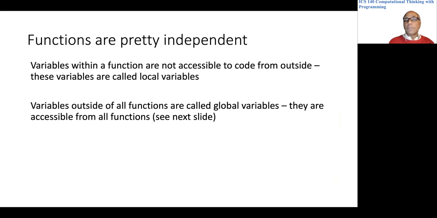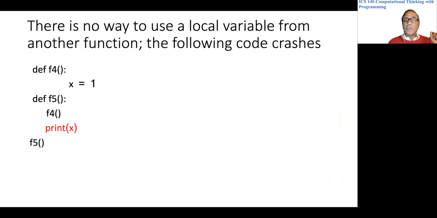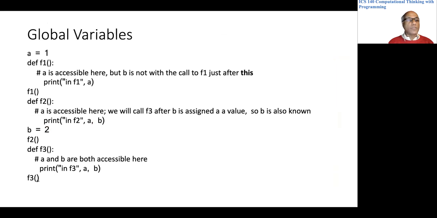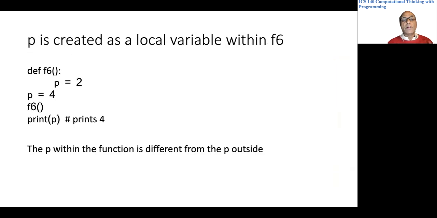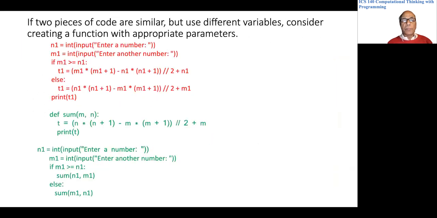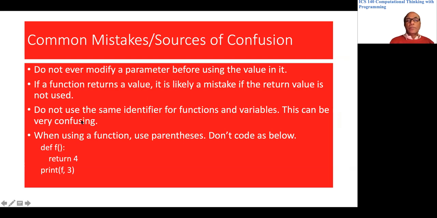These are common mistakes. So please do not forget to check for these things as you are coding your programs. Do not use the same identifier for functions and variables.